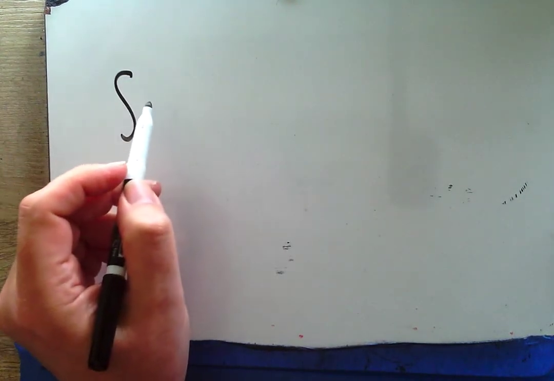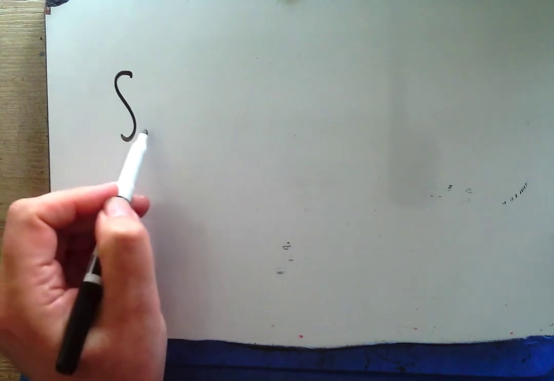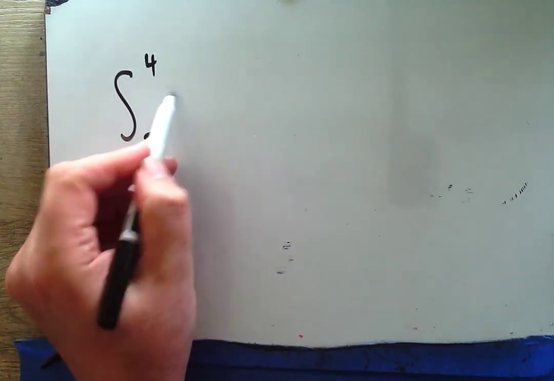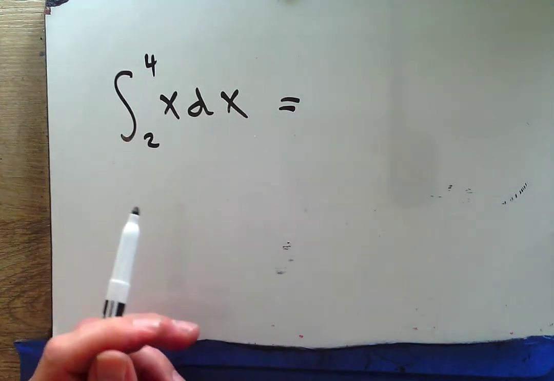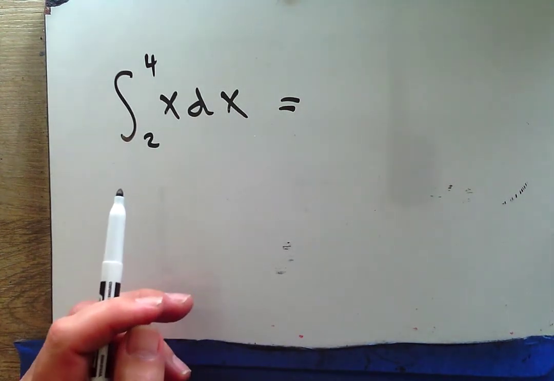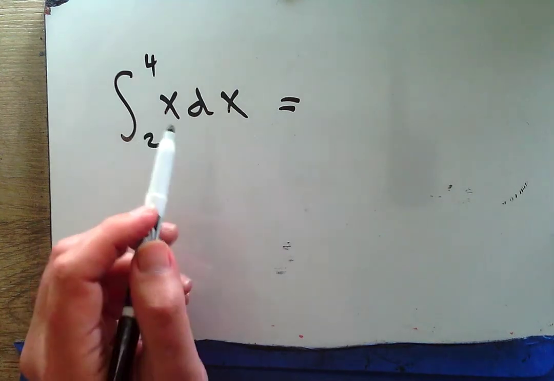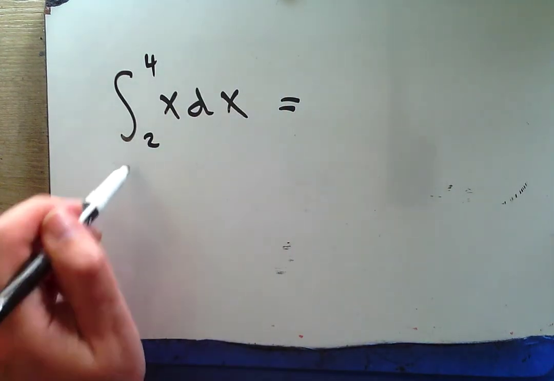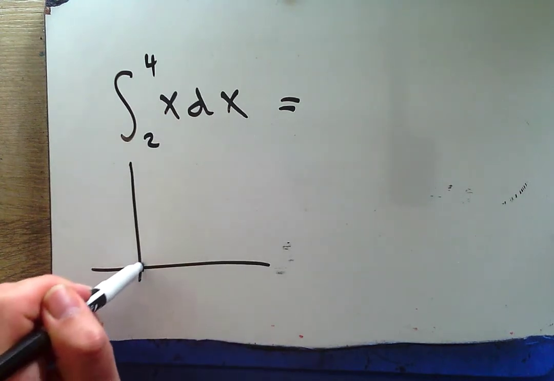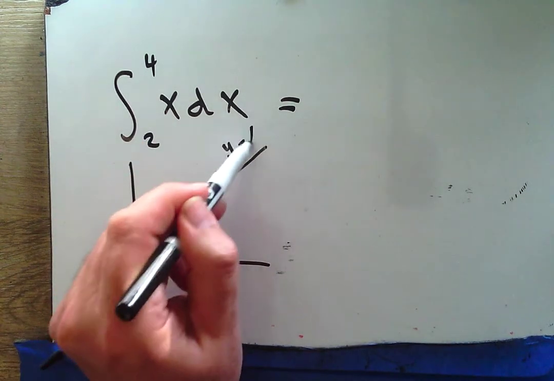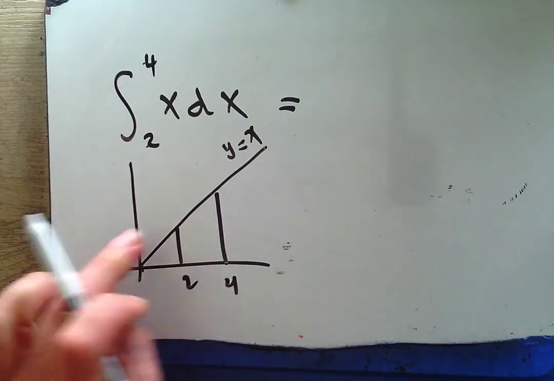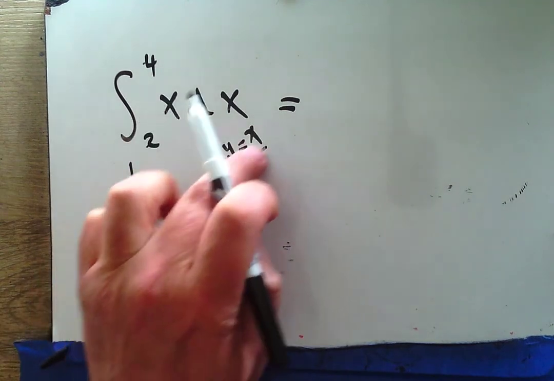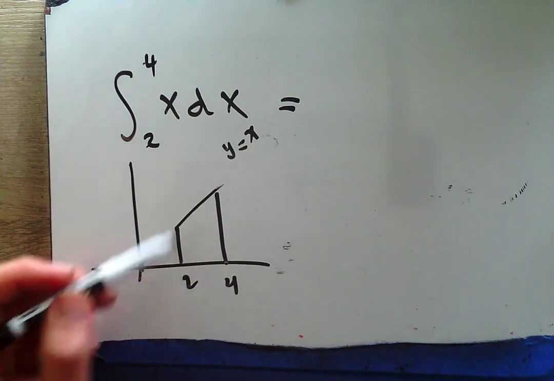How about this one? The integral from 2 to 4 of x dx. Okay, so did you think about this as a trapezoid? I know I've got that line y equals x, but I'm only going from 2 to 4. And so what I see there is not a triangle, but a trapezoid.